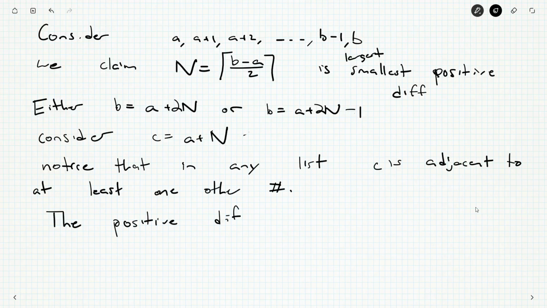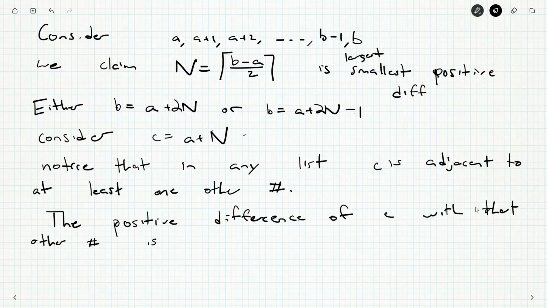The positive difference of C with that other number is at most either C minus A, which is equal to n, or B minus C, which is B minus A plus n, which is B minus A minus n.